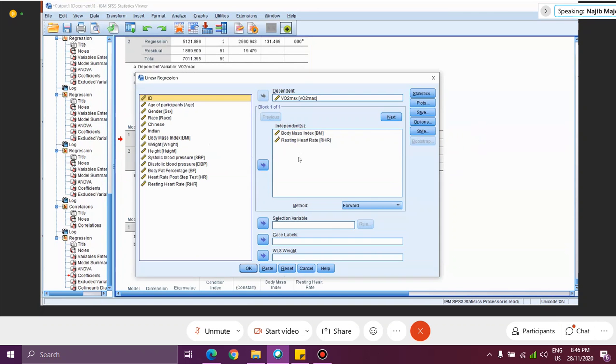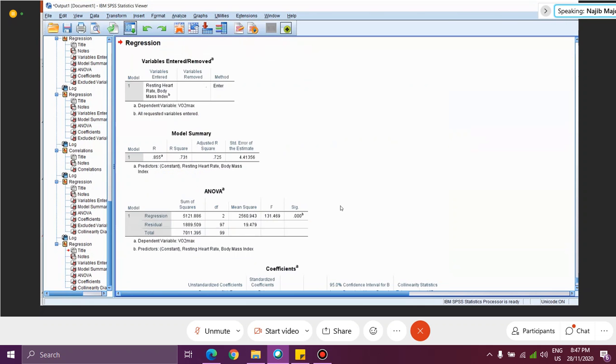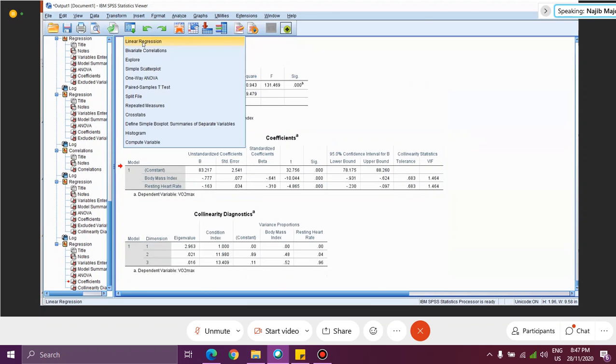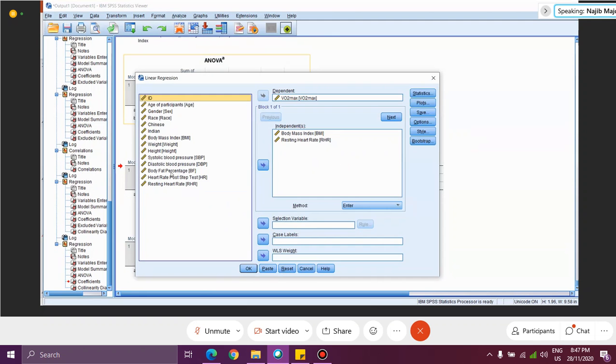So after variable selection, I forgot to mention, the methods stepwise, forward and backward are just to be used for variable selection. After that, you can use the enter method. Okay, so the enter method still gives the same tolerance and also VIF. Okay, what happens if in our model we include body fat percentage and also blood pressure, for example, age, for example.